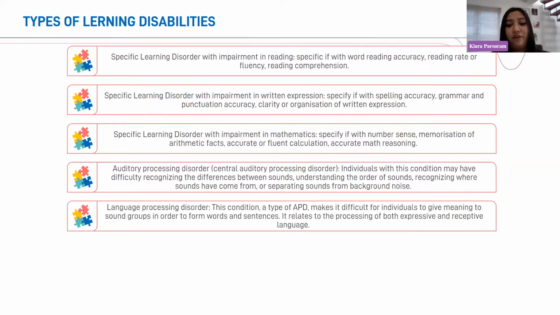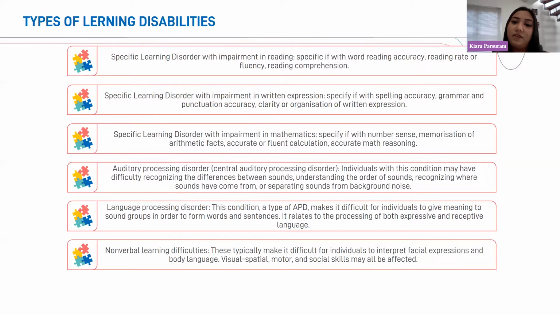Then we have nonverbal learning difficulties. These typically make it difficult for individuals to interpret facial expressions and body language. Your visual-spatial, motor, and social skills may all be affected by this type of difficulty. And lastly, we have visual perceptual and visual motor deficit.